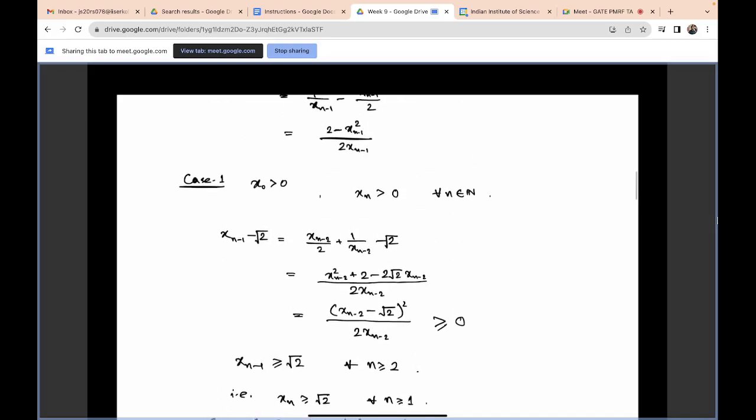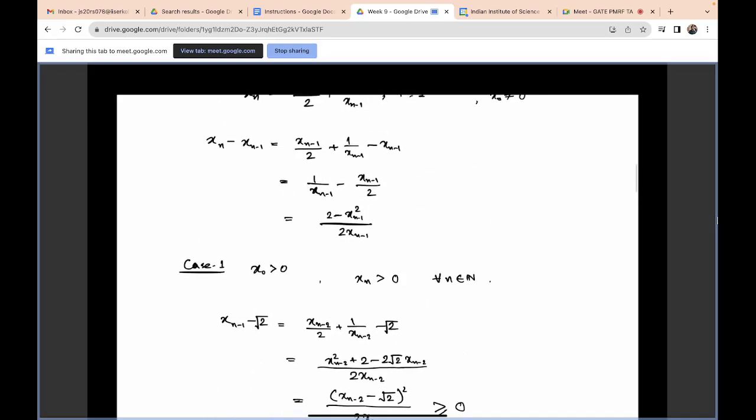So the numerator is less than 0. Because we have chosen x_0 to be positive, the numerator is negative and the denominator is positive, so overall this will become negative.